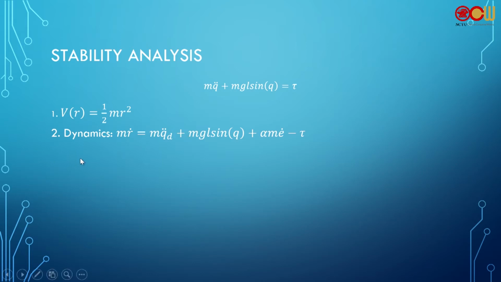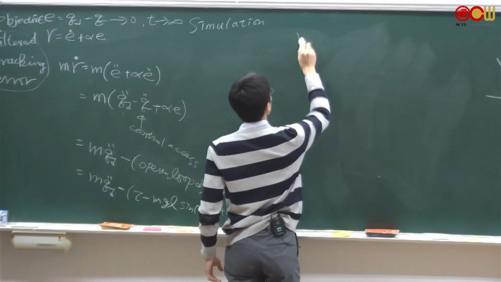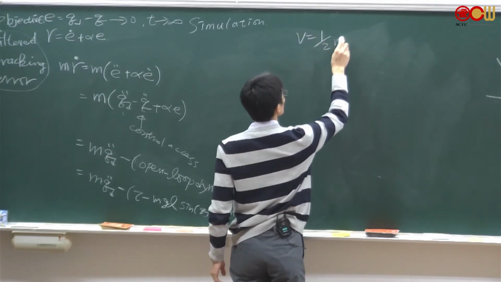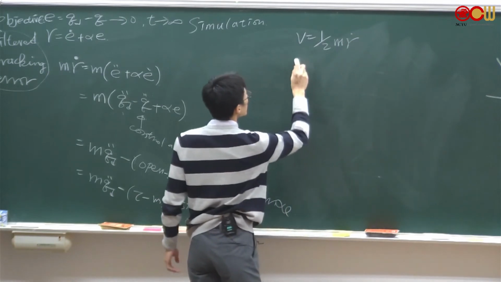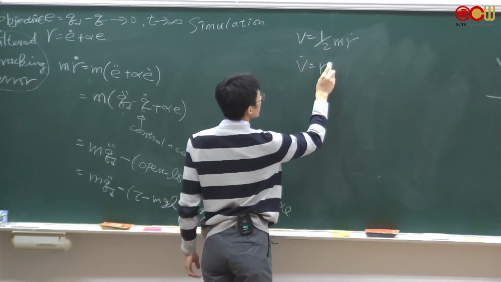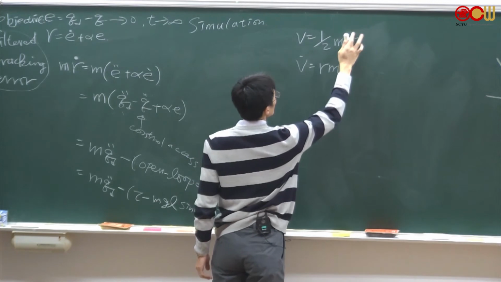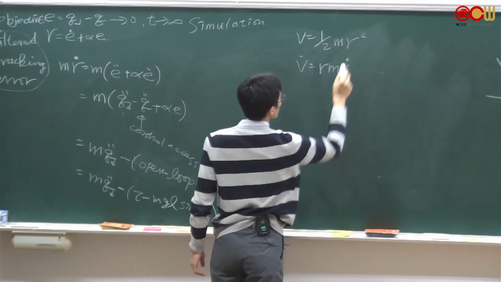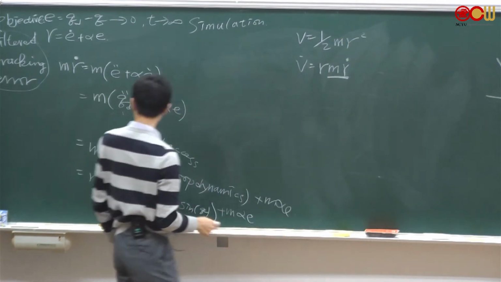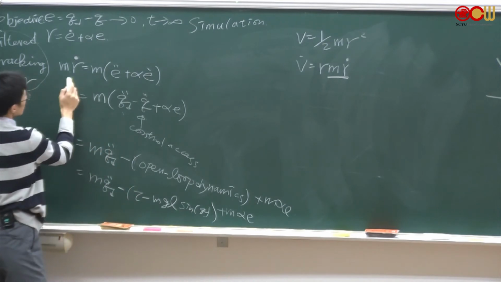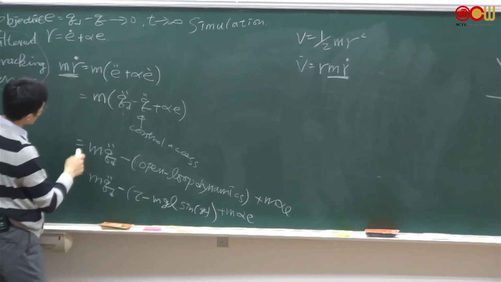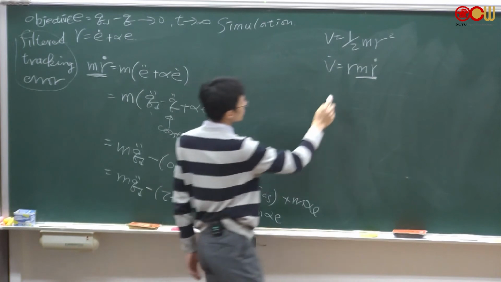Next, substitute this into the time derivative of v. And this can be replaced by the Euler-Lagrange equation.